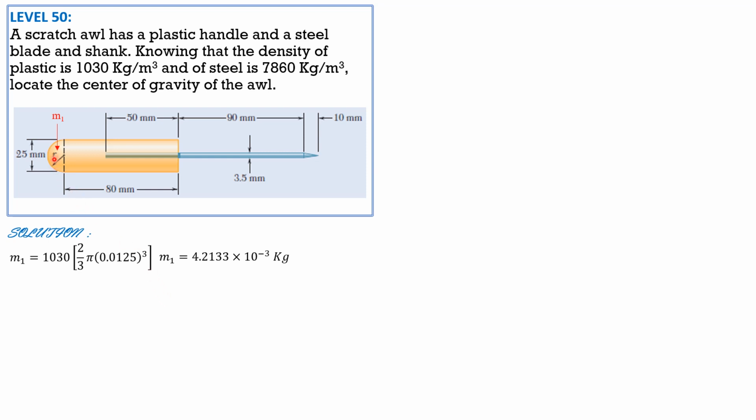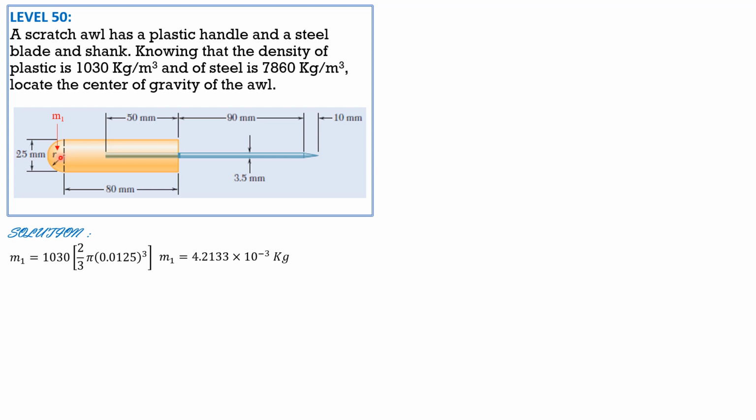For the location XC1, because we just want to locate the center of gravity along this axis, by symmetry it lies on this axis here. So that's why XC1 is, remember, the centroid of a hemisphere from the diameter is 3/8 of the radius.